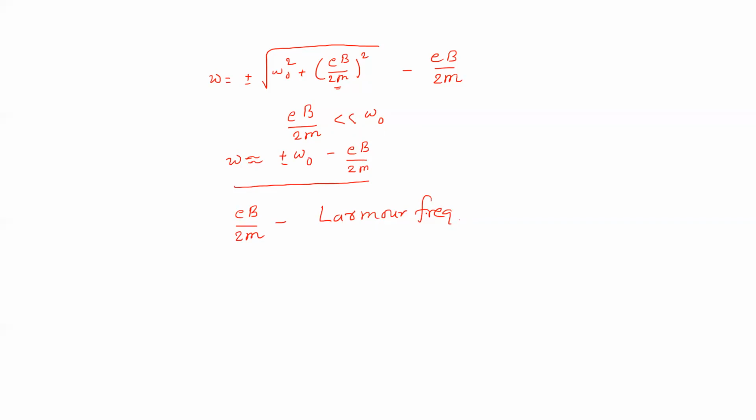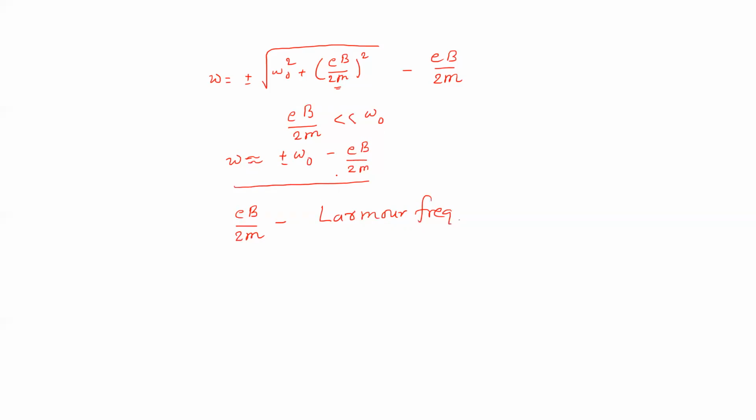It is observed that for the electrons whose orbital moments are parallel to the field, you have to take this as plus. So it will be omega 0 minus eB divided by 2m, so that its angular frequency will be decreased. And for those which are anti-parallel, their resultant angular frequency will be omega 0 plus eB divided by 2m.